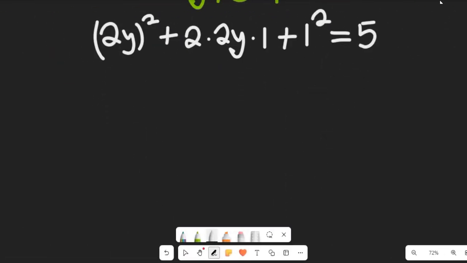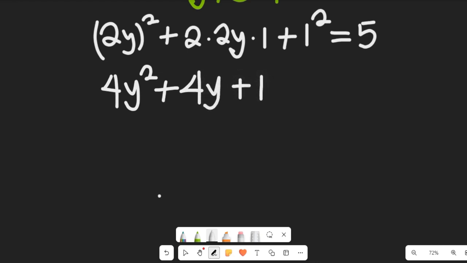This will give us the value of 4, that is 2 squared will become 4. So 4y squared. And then 2 times 2 will give us plus 4y, multiplied by 1, plus 1, and this will be equal to 5.